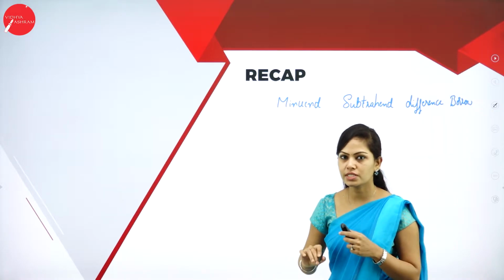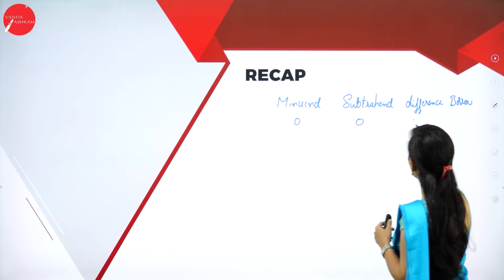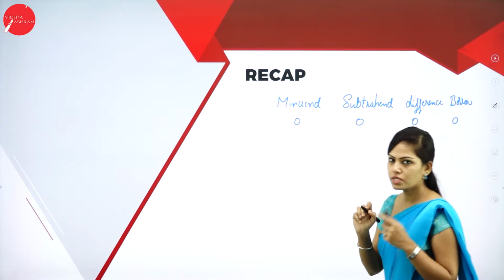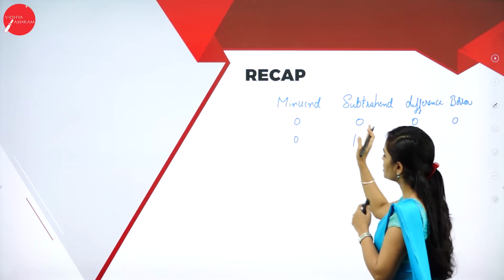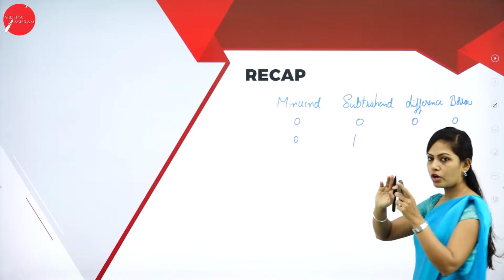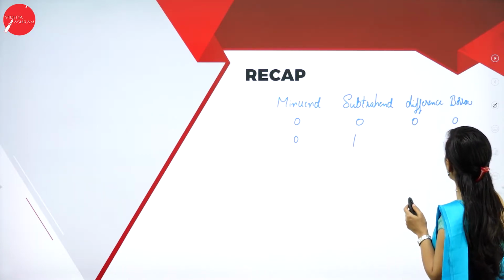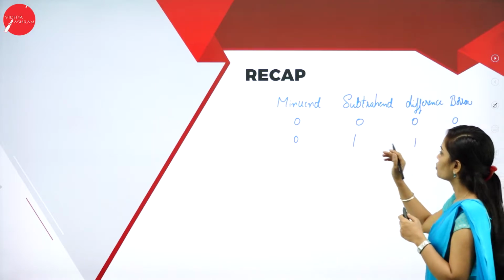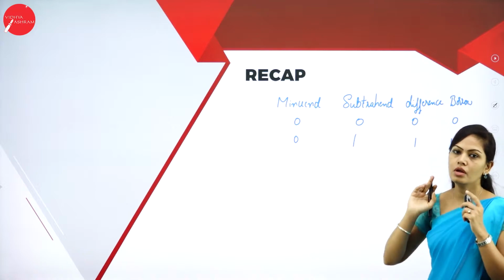We have to use some rules for subtracting. 0 minus 0 will get 0 and borrow also 0. And if your subtrahend value is larger than the minuend value, what you should do is take one borrow from the left digit and you will get 1. So 0 minus 1 is difference is 1 and borrow also 1.